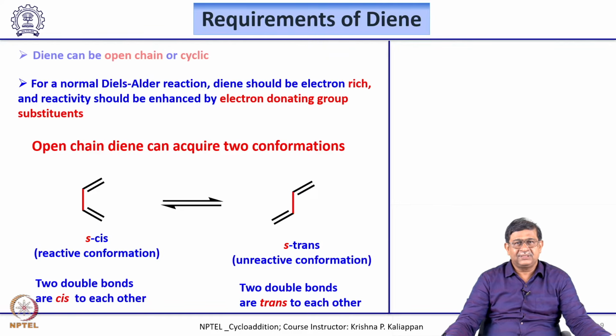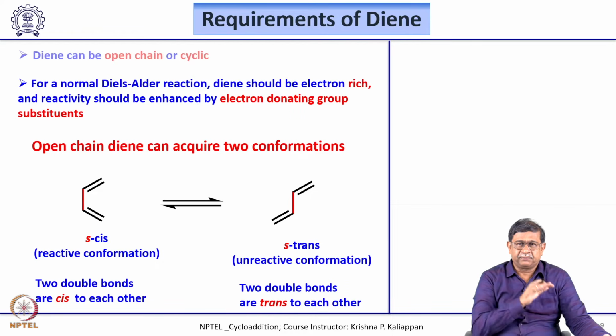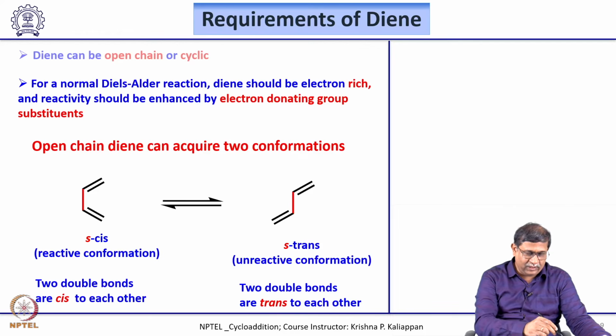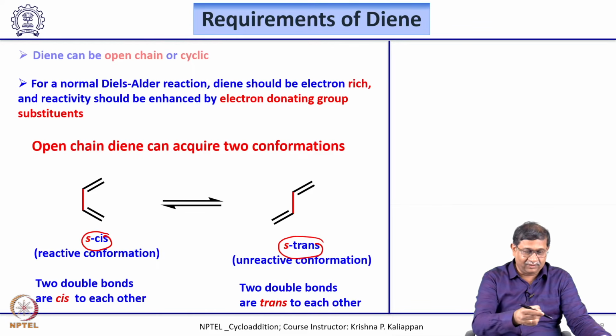Then the most important requirement is, when you talk about open chain or cyclic diene, the diene in principle can exist in two conformations. One is called s-cis, the other is called s-trans. Now when you look at these two conformations, you can immediately guess the s-trans conformation cannot undergo 4+2 cycloaddition, whereas the s-cis can.